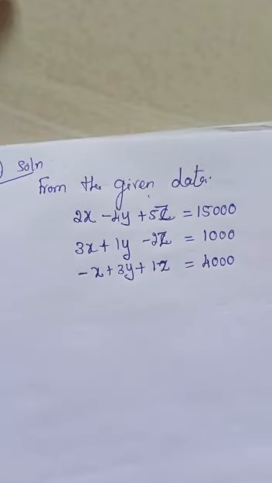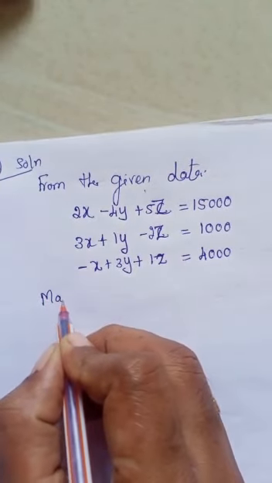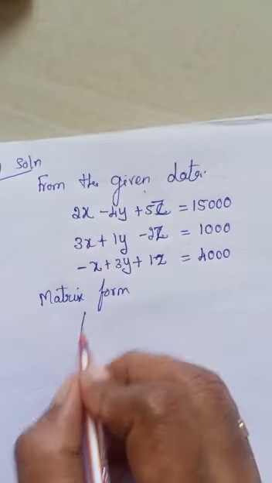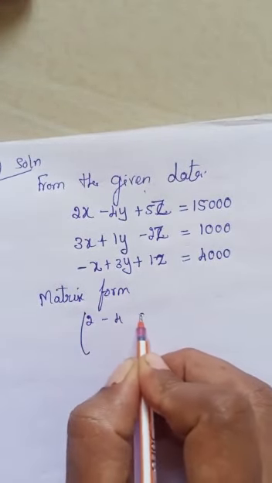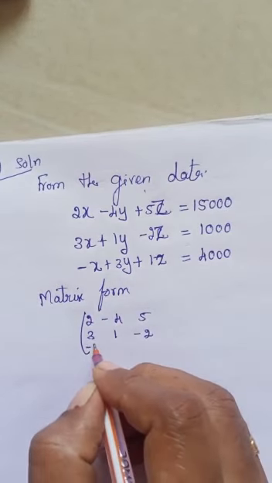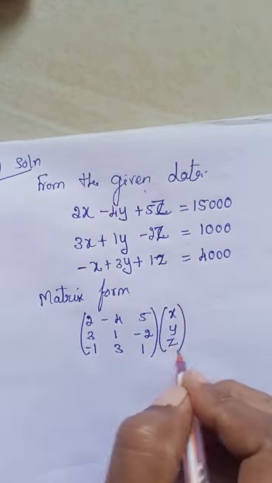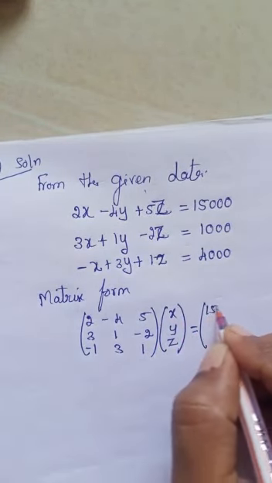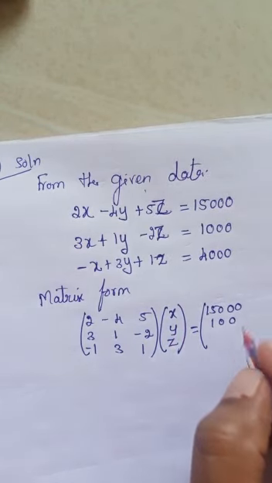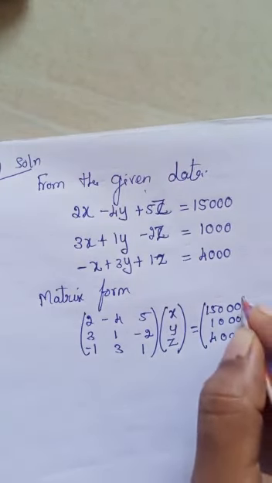See, now we have to solve using matrix inversion method. So, first we can write the matrix form. Matrix form. See, 2 minus 4, 5, 3, 1, minus 2, minus 1, 3, 1 into X, Y, Z is equal to 15,000, 1,000, then 4,000.